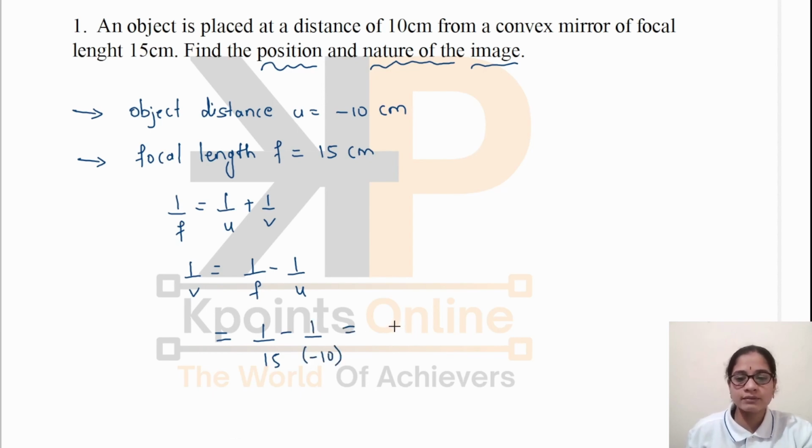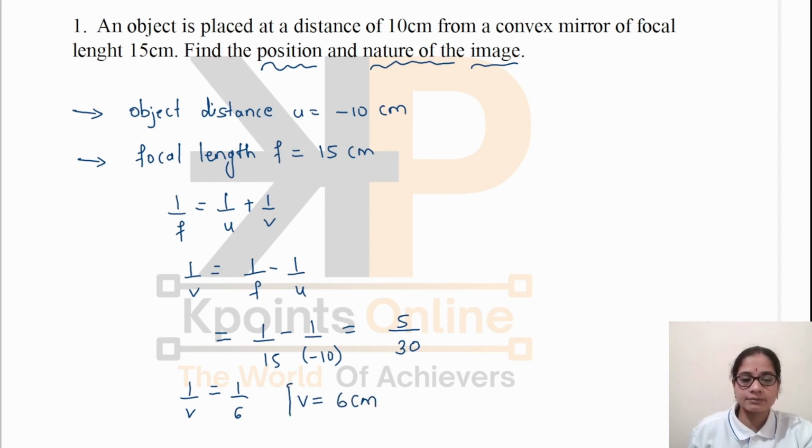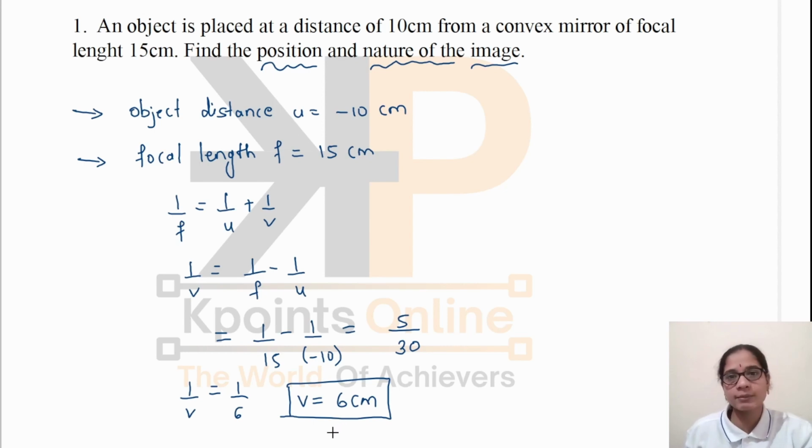It comes out to be 1 upon v is equal to 1 upon 6, which means v is equal to 6 centimeter. You can observe here the image distance is in the positive sign, which means it is formed behind the mirror. What is the position of the image formed? It is formed behind the mirror.